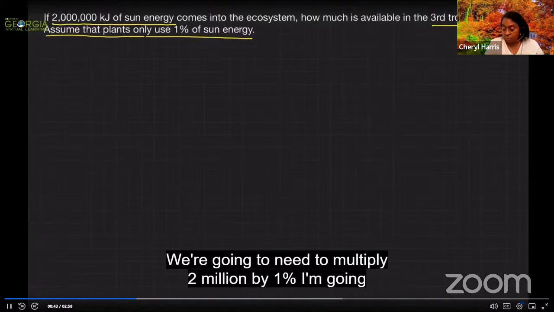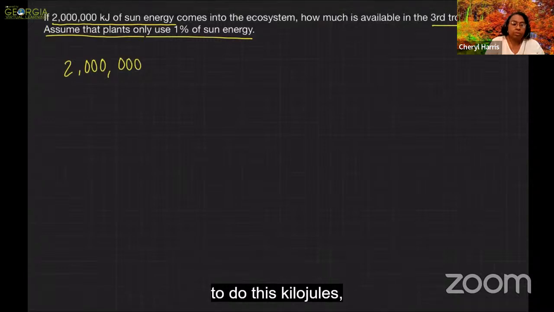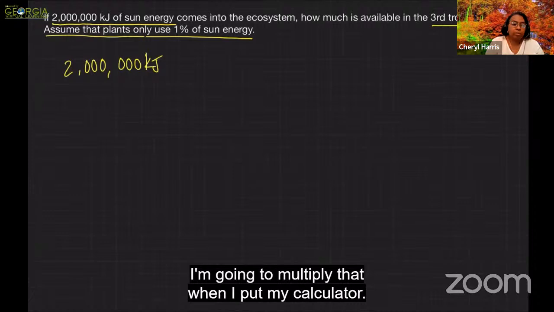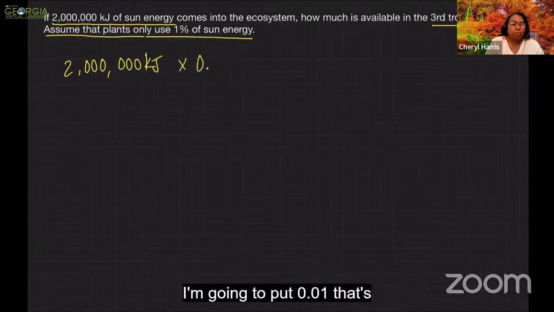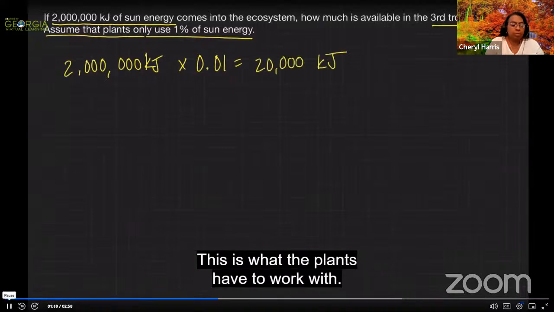So we're going to need to multiply 2 million by 1%. This is what the plants have.